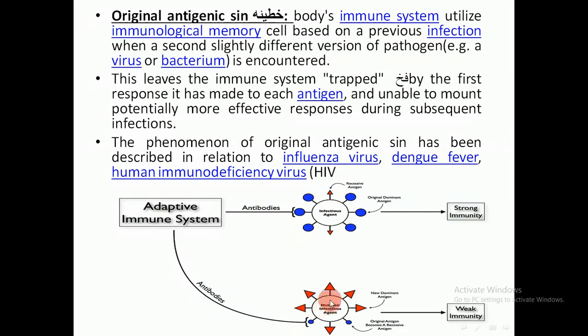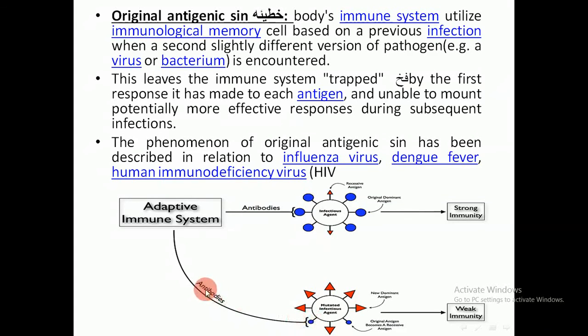While when there is infection with the mutated infectious agent, when there is a mutation in this virus or bacteria, this leads to a change in the antigen. So the number of the recessive antigen, the red one, increases, while the dominant antigen, the blue one, decreases in number.